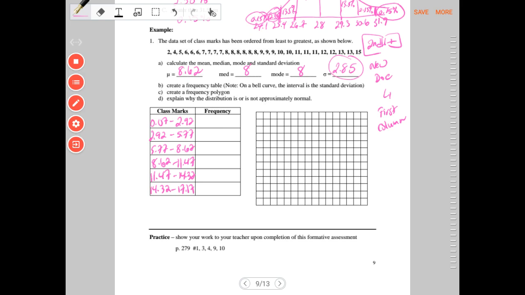Okay, when you start putting your numbers from up above in, we have one number between 0.07 and 2.92.